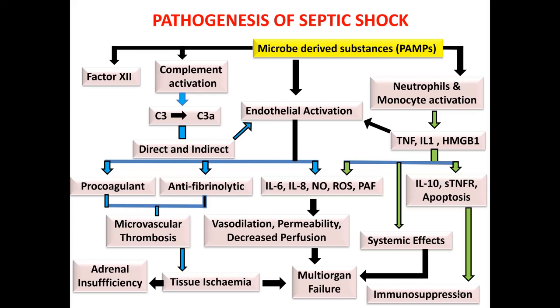There is soluble tumor necrosis factor, interleukin 1 and HMGB1 release, and then interleukin 10, and then tumor necrosis factor receptor and apoptosis, leading to immunosuppression. Now this flow chart is taken from your textbook Robbins 10th edition, and you can consult it further.